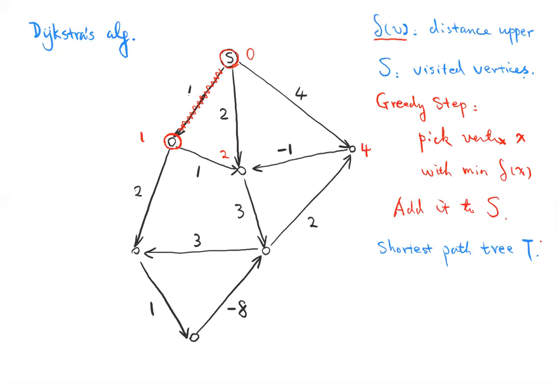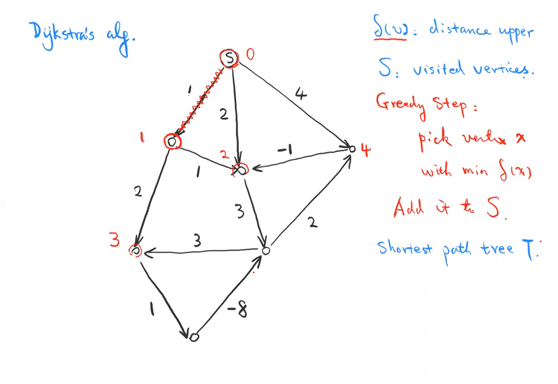So namely these two vertices, the distance upper bound needs to be updated. This one still remains 2. The one with infinity is now updated to 3. So these two vertices will change their distance upper bound.